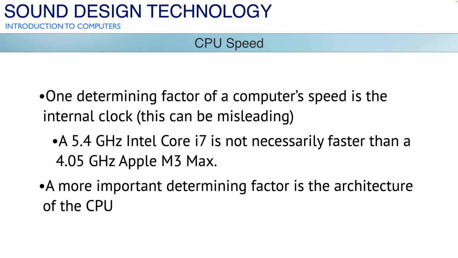So when I say that architecture is really the important thing, one of the ways that these two processors are different is that the Apple M3 actually has multiple processing cores in it, and it has two different kinds. It has some processors that are designed to be really energy efficient, and then it has others that are designed to be really, really fast, but not as energy efficient.